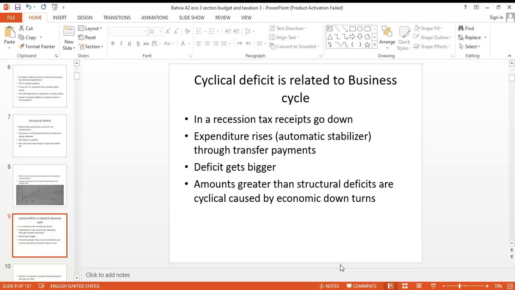That's when the government runs a deficit. It's an automatic stabilizer. It's automatic. Why? Because by running this deficit, by making the deficit bigger, the government is actually supporting the economy. The government is actually putting money in the hands of people who need it. Transfer payments are taking place, and this is, in a sense, an automatic stabilizer.